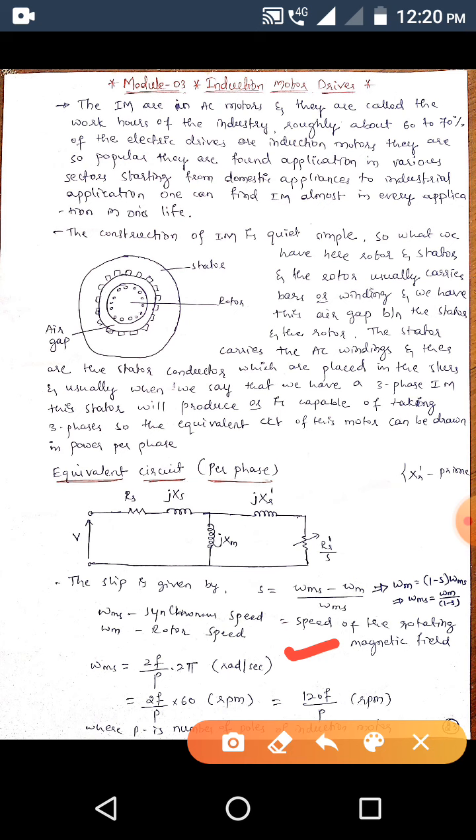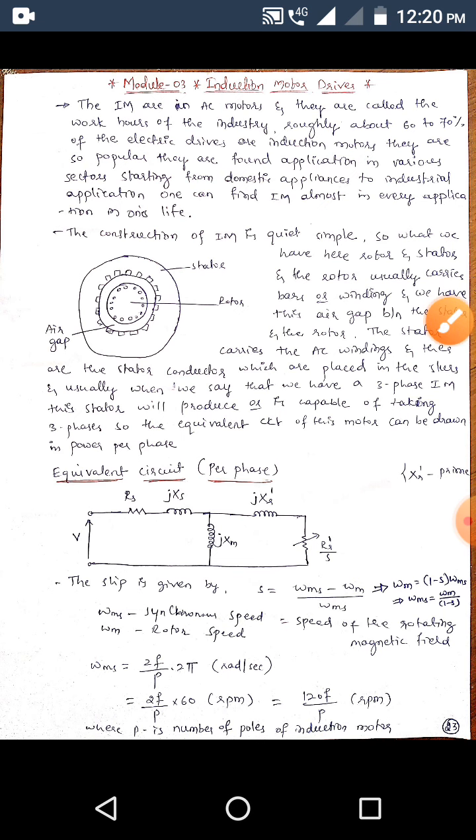If we measure the speed in revolution per minute, then it is 120 f by p, where p is the number of poles in the induction motor.